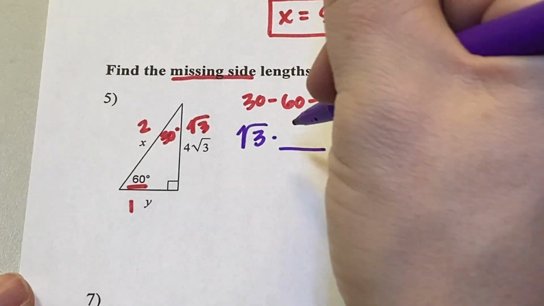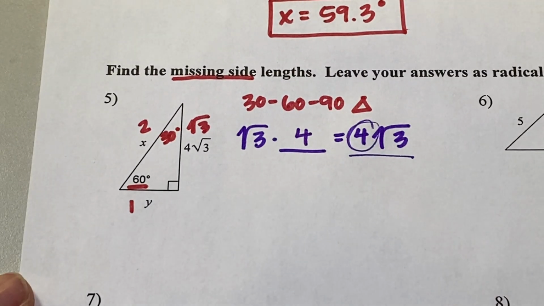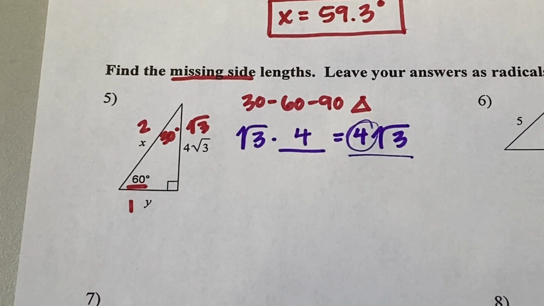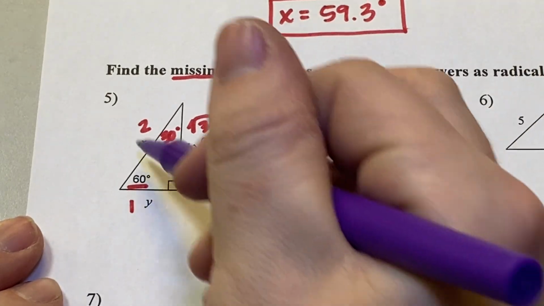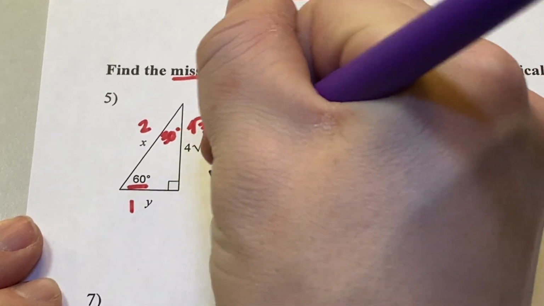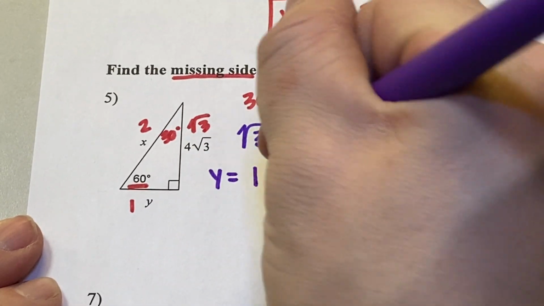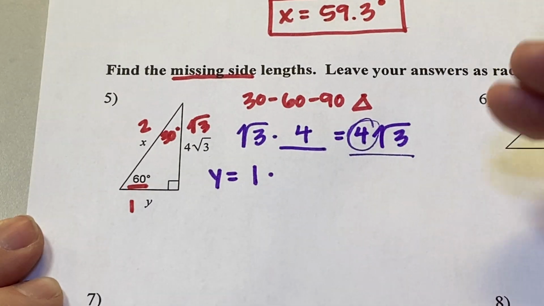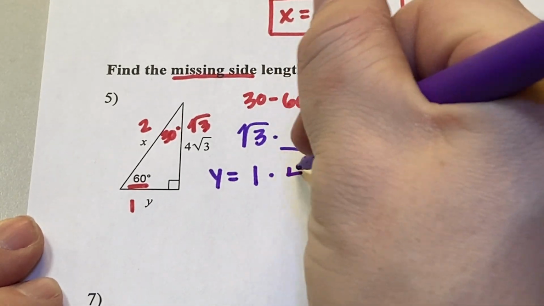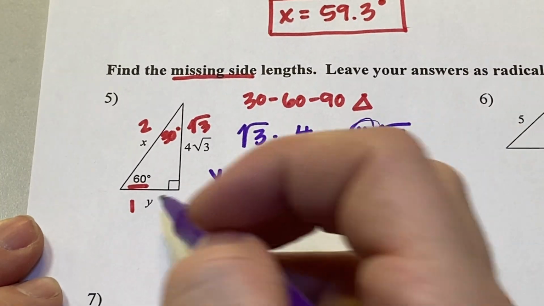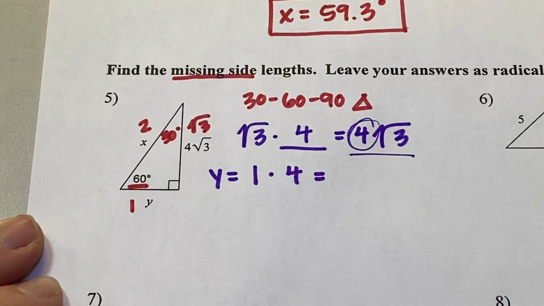We know it's 4. So that's how the one side changed. Now all we got to do is take our two other sides. My first side is y. That guy started out as 1. We've got to multiply it by 4. What is y going to turn into, that missing side? 4.